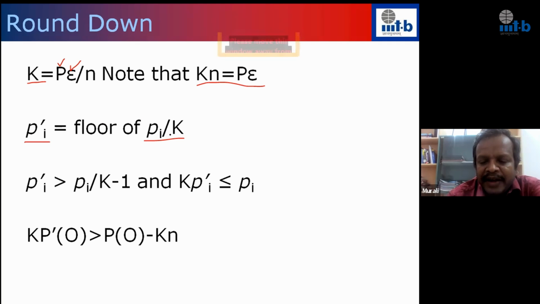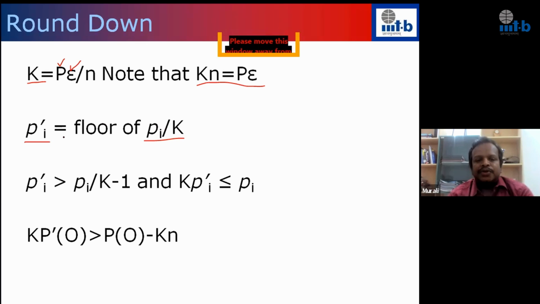I divide by k, where k is a large number, so when I divide p_i by k, what I get will be smaller. Now the p_i dashes will be relatively smaller. Two things that I want to remember here follow straight away from the floor function: the p dash that you get will always be smaller than p by k.